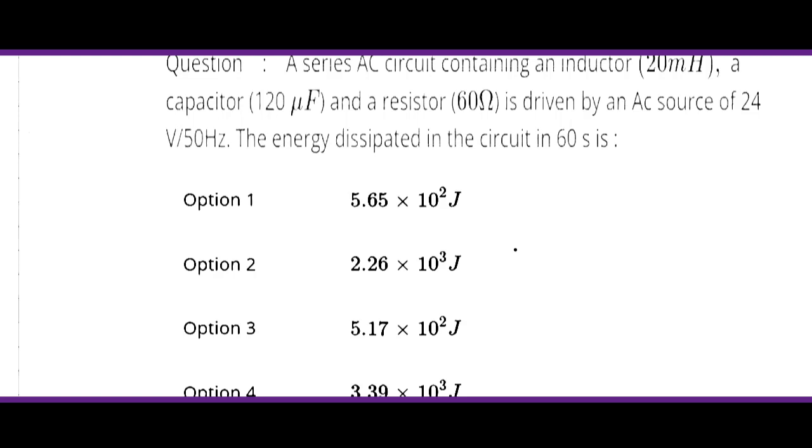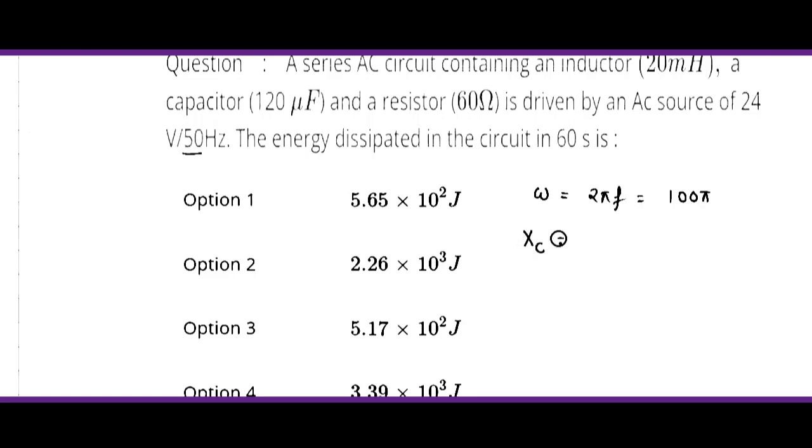So if you see here, the frequency is given, you can get the omega. So I will write down omega is equal to 100 pi. So as you got this, you can get the XL and XC.